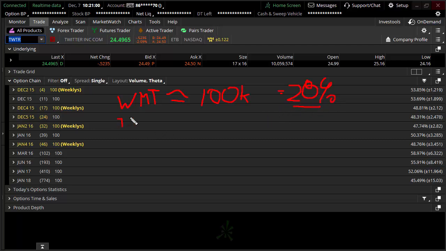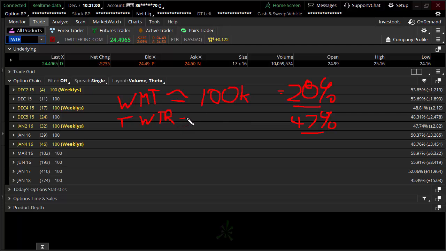Then how would we allocate to Twitter, which in this case has right around a 47% implied volatility? Would we allocate $100,000?